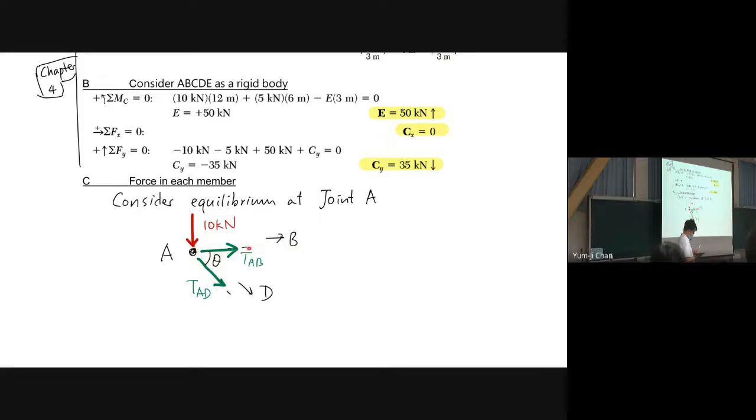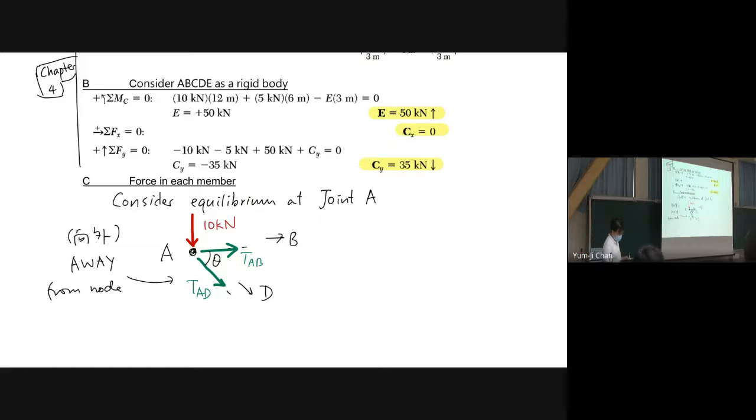If we only consider joint A, we will have tension in member AB and tension in member AD. Remember, the forces go away from the node.